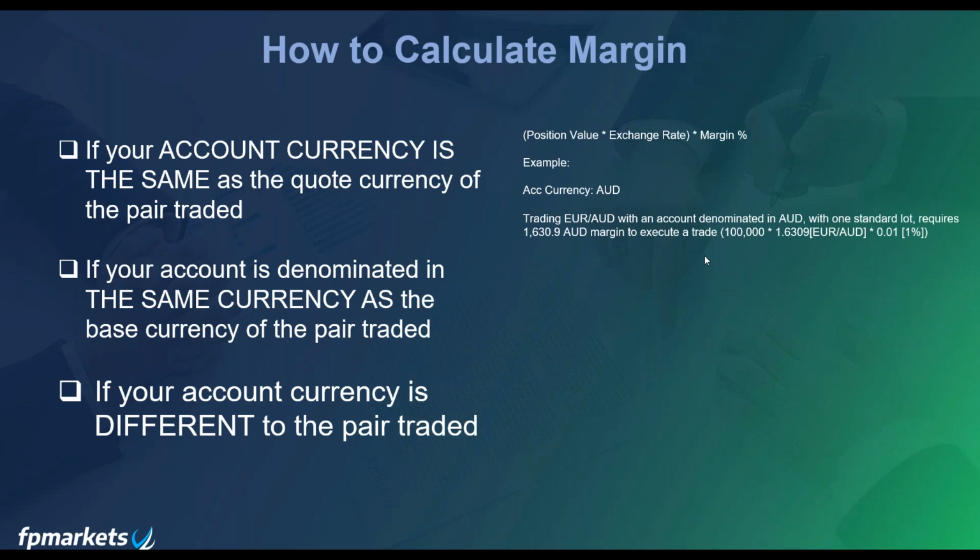As we're assuming in this example, the account has a leverage of 100 to 1. So how do we know our margin is 1%? We simply divide the leverage ratio. So in this case, 1 divided by 100. For 50 to 1 leverage, it would therefore be 2% or 0.02.